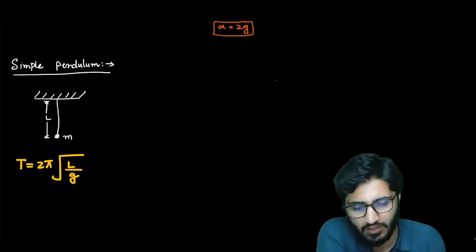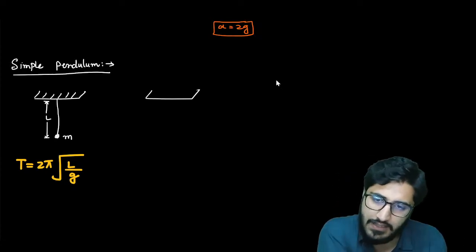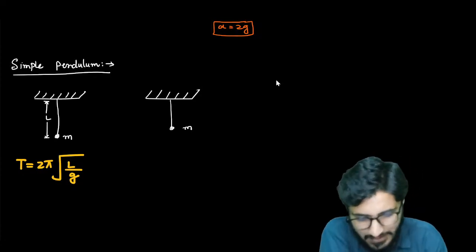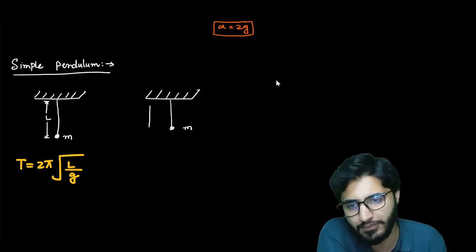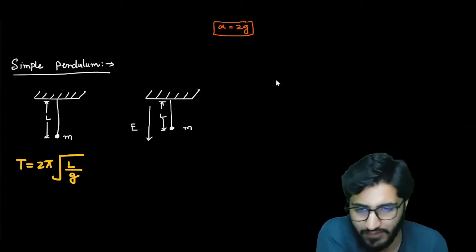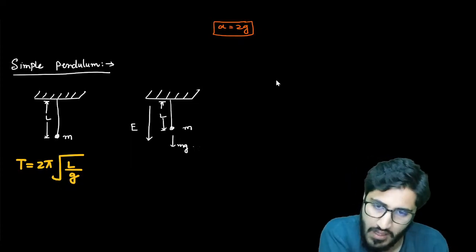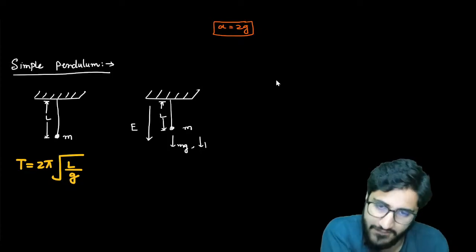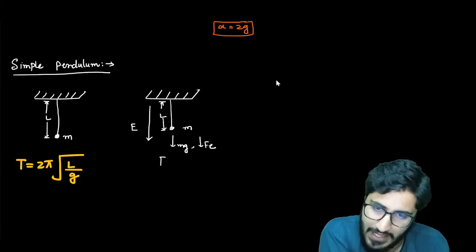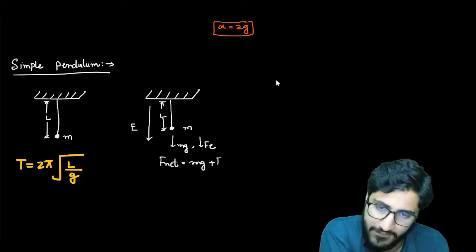Now let us apply some electric field in this particular way. Mass m, and suppose the length of this pendulum is L. What will I write now? Look, mg will act downwards, and the electric force Fe also will act downwards. So my net force will be equal to mg plus Fe.